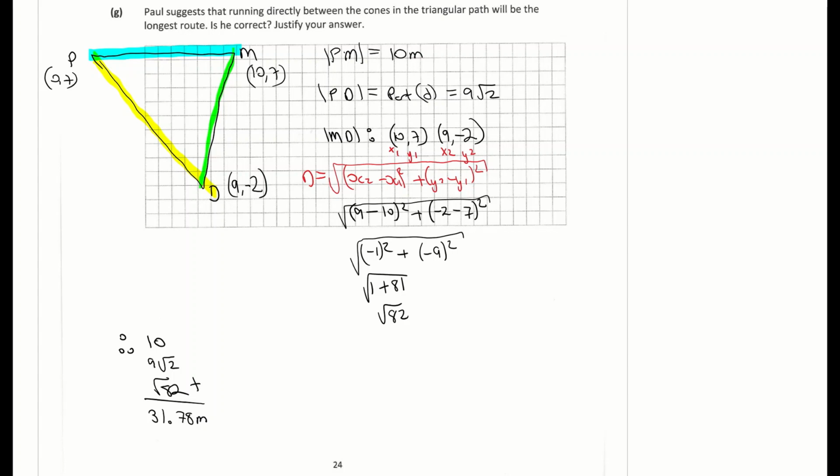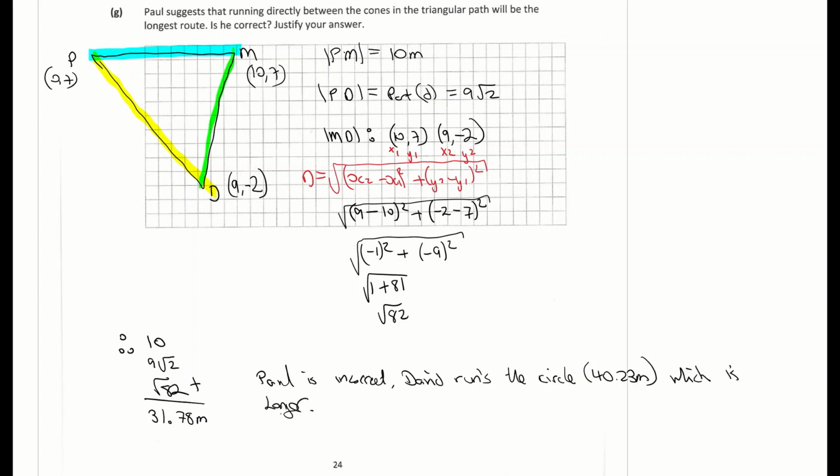So my conclusion is Paul is incorrect because David runs the circle, and I'm just going to put in brackets that was 40.23 meters, which is longer than the 31.78 here. David runs the circle, which is longer.